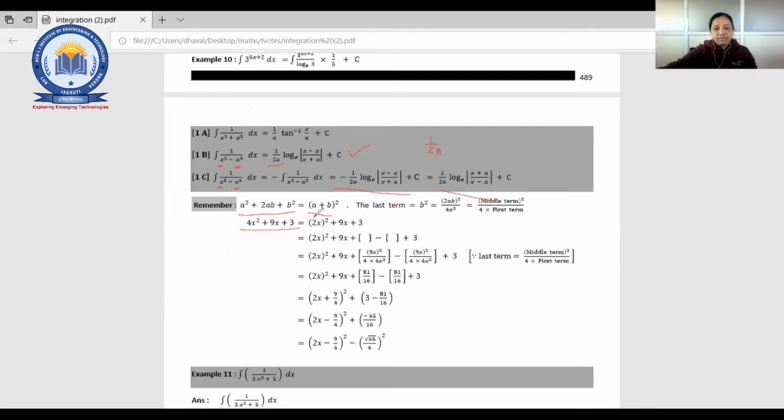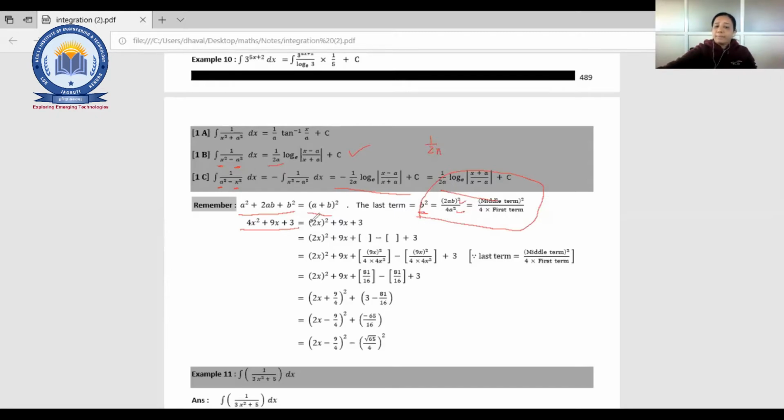So at that time, this equation is used. That means the last term equals middle term square upon 4 into first term. Here the middle term is 2ab. So in that way you can find out the last term.